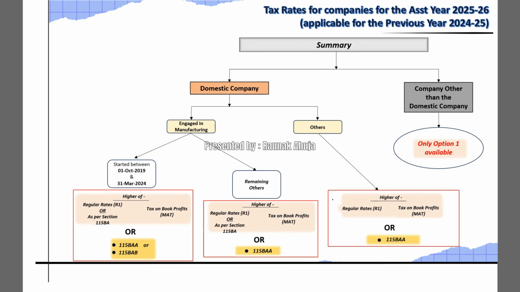For companies that are engaged in manufacturing but haven't started their operations in the said period, in such a case, this would be the tax rates. Again, the cream color is option 1 and option 2 is the yellow color.